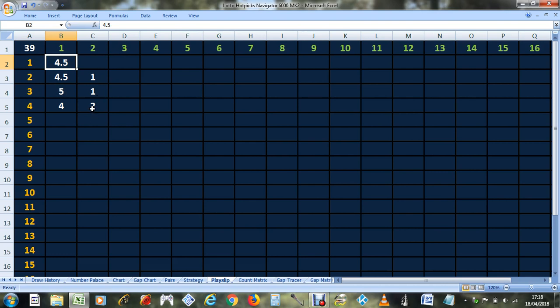We're going to have to subtract a third of 2 from each of these squares.